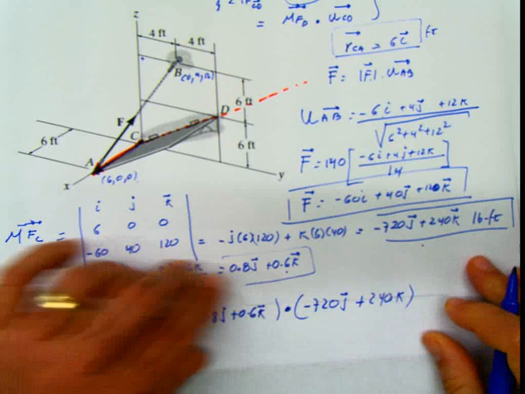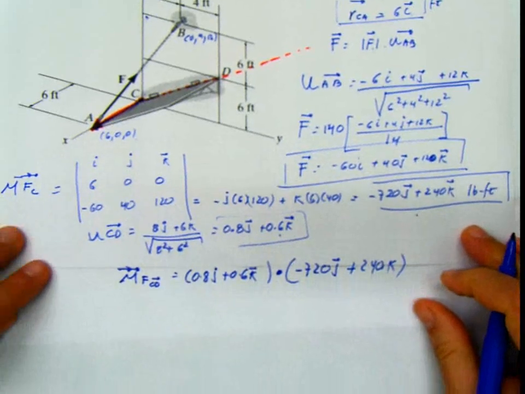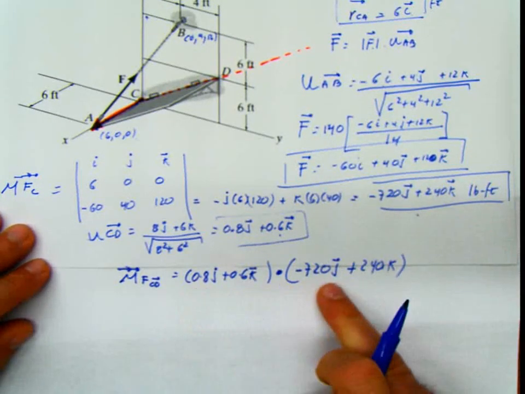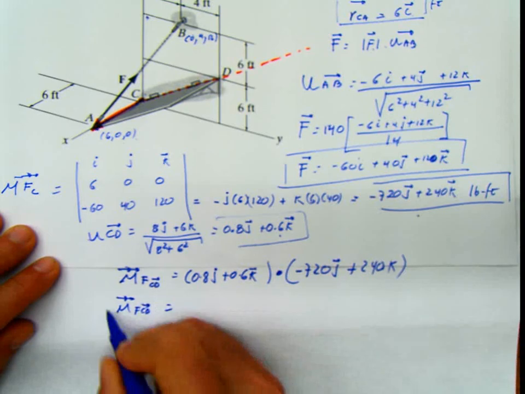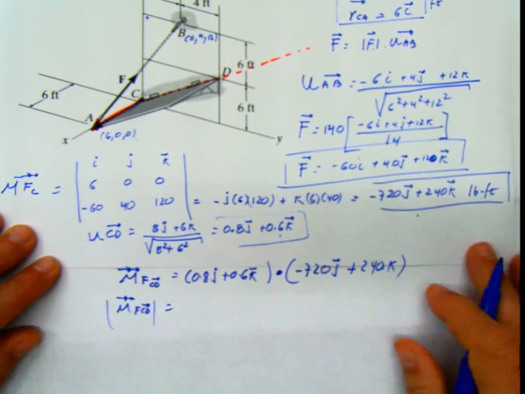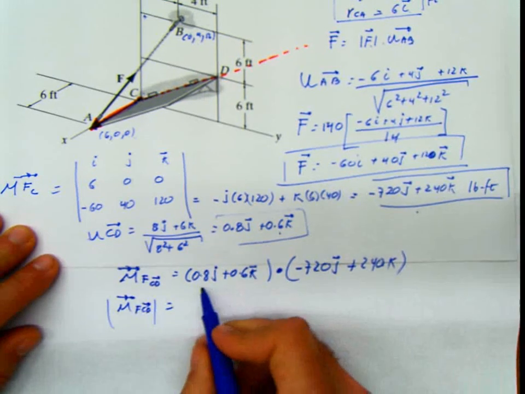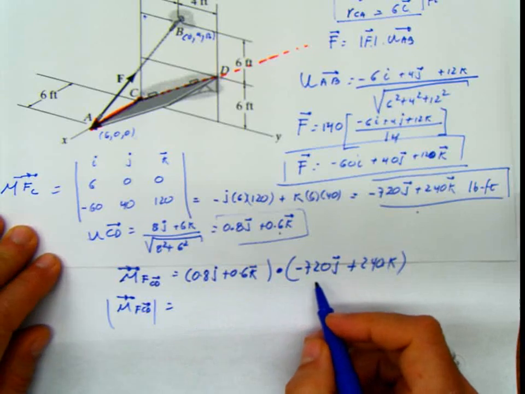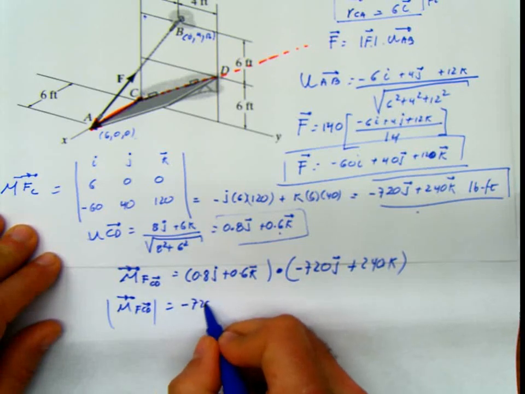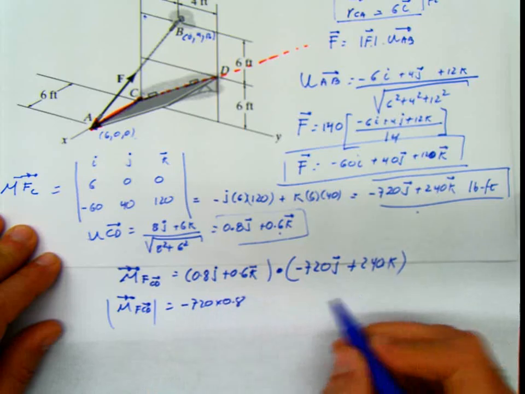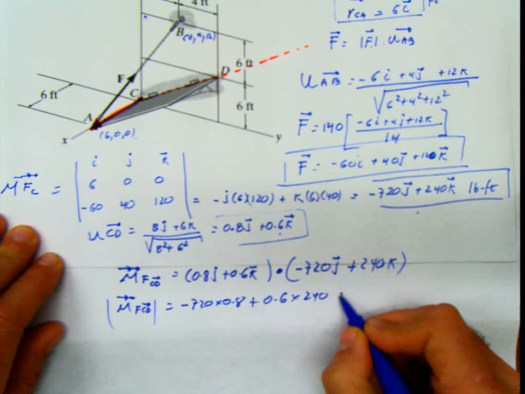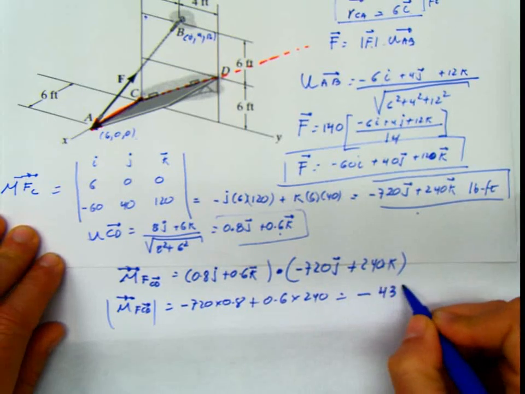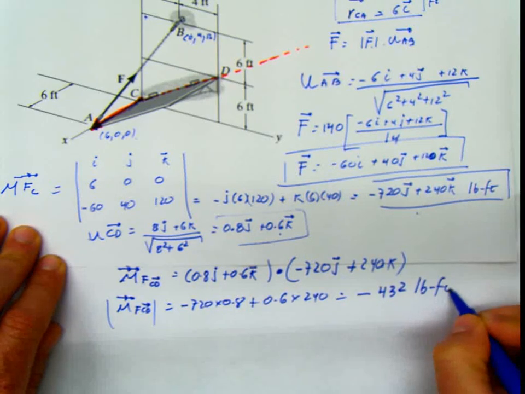When we do that dot multiplication, it is J dot J. Remember, this is magnitude basically, because the direction is the direction of the axis. 0.8 times negative 720 plus 0.6 times 240, and this value is negative 432 pounds per foot.